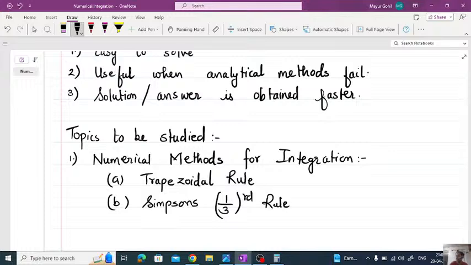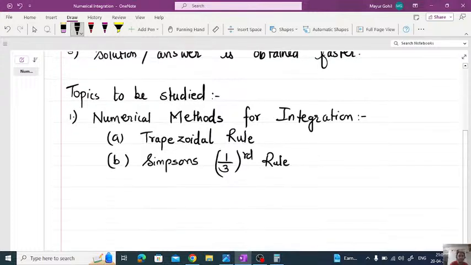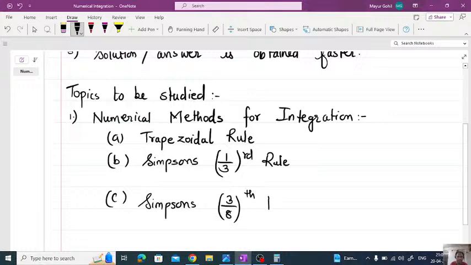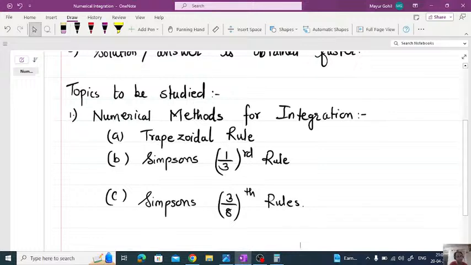This is one. The next one that we are going to see here is Simpson's 3/8 rule. These are the three rules that you have. Now let us see the formula.